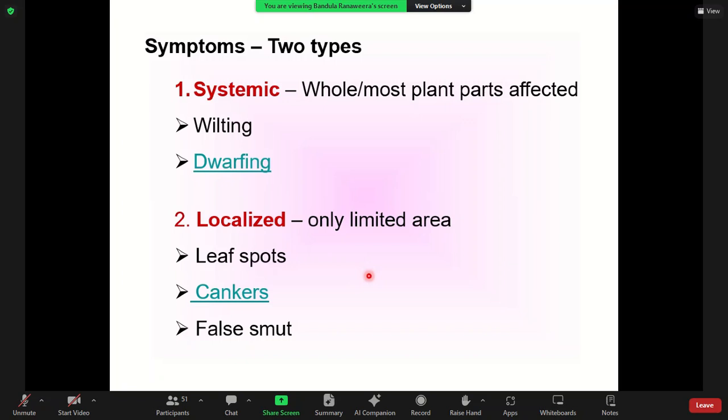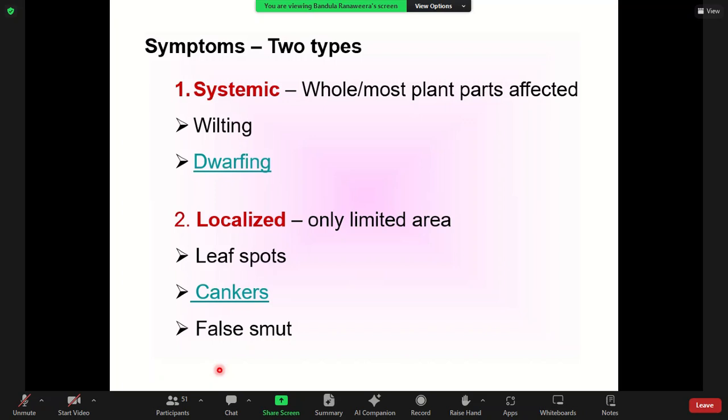Maybe false smut symptom, which is better to show you later, as I have not described it earlier. Maybe in some other slides later, we can see them. Anyway, there are two types of symptoms: one category, systemic symptoms; the other, localized, only in a limited area.